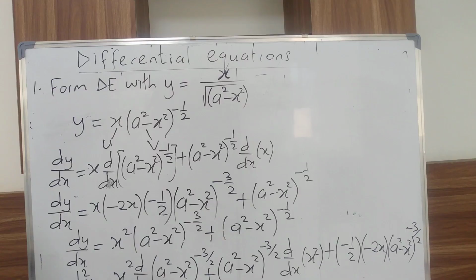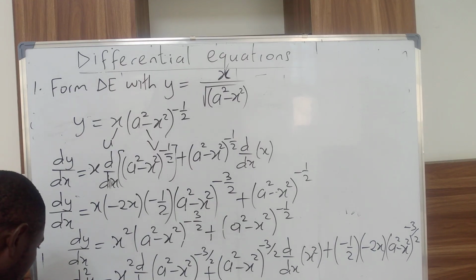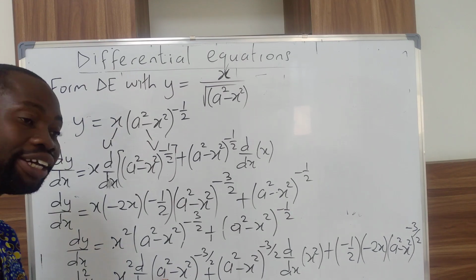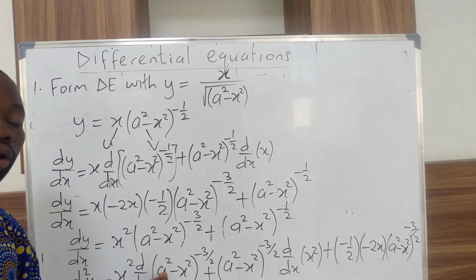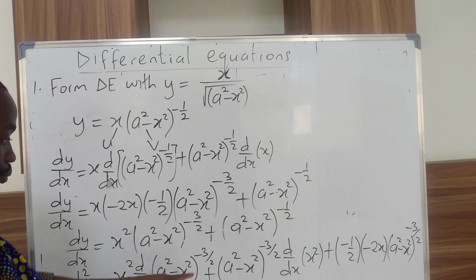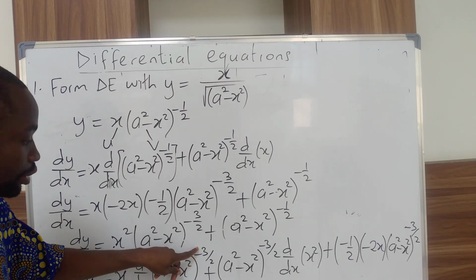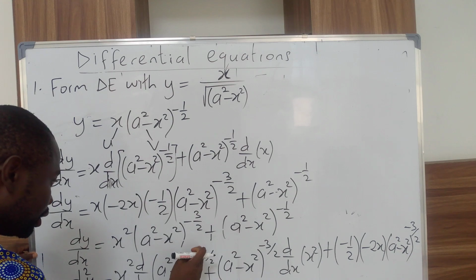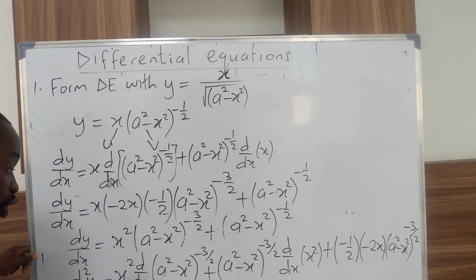Now, the next step, I'm going to differentiate this one, and that will give me x squared. If I differentiate this, we are going to apply the chain rule, which we call function of a function. Bring the power, this minus 3 over 2, to the coefficient side.